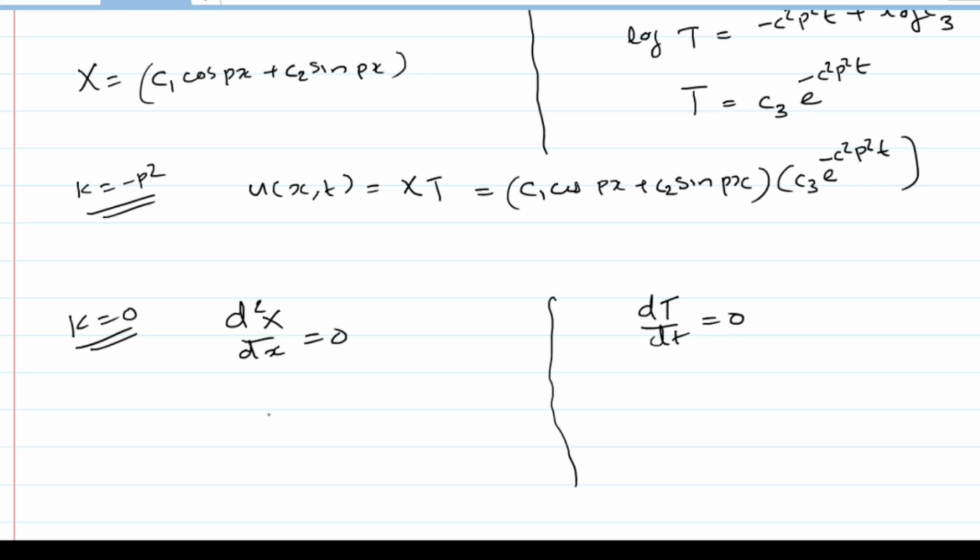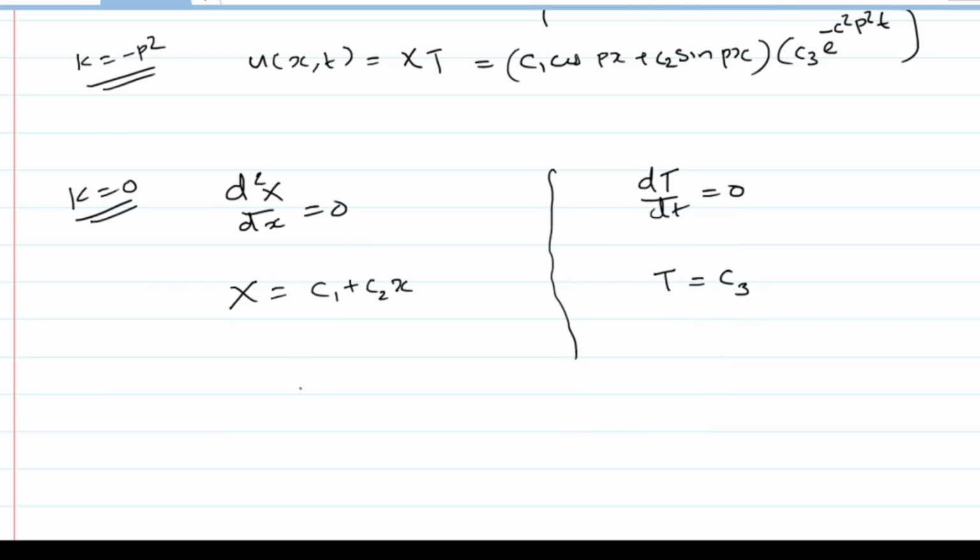So we get X is equal to c1 plus c2 x. Here T is equal to c3. Therefore u of x,t is equal to c1 plus c2 x into c3 for the case k equal to 0.